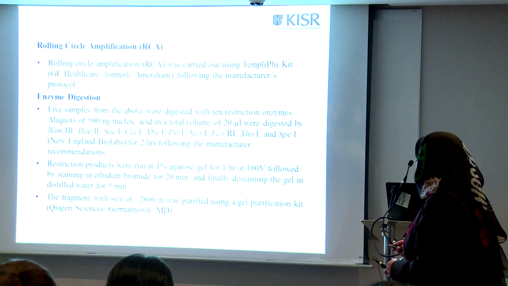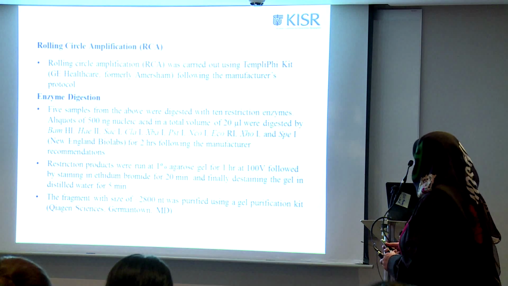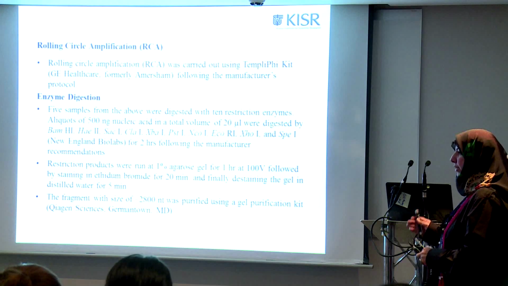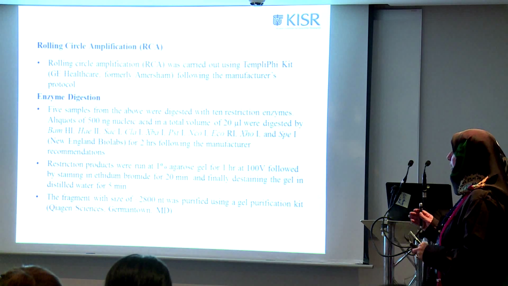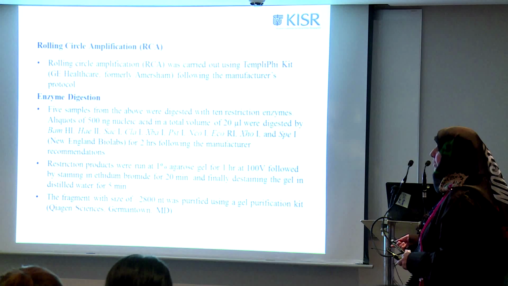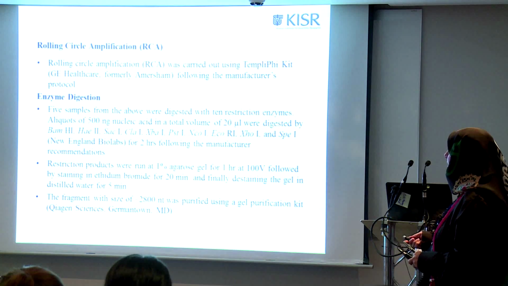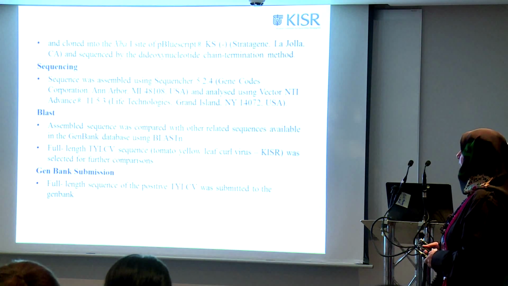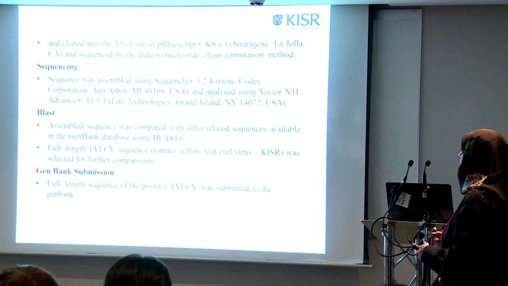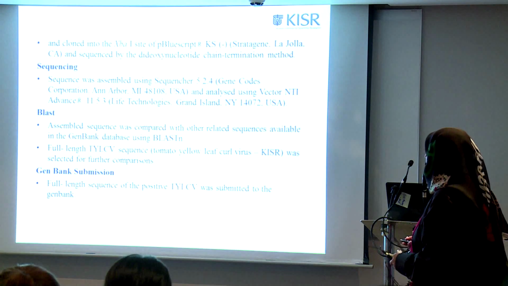After that, the fragment of 2,800 was purified and kept for another reason, which we then cloned and kept for diversity study. After the sequencing, we did a blast with the gene bank sequences which were present there.